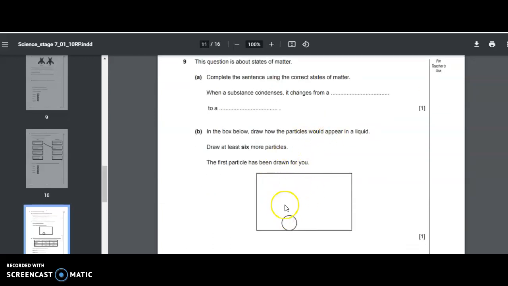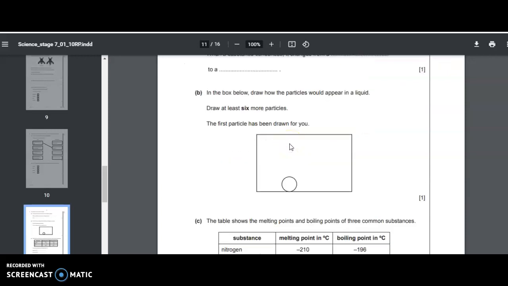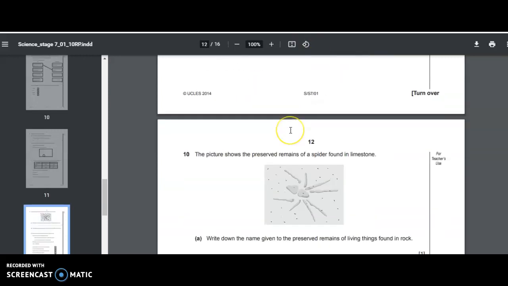Make sure you draw at least 6 particles. If you don't, the answer is wrong. And they should also, whether it's liquid, gas, or solid, the particle sizes don't change. So the particles need to be all of the same size. They need to be touching because it is liquid, and there has to be at least 6.